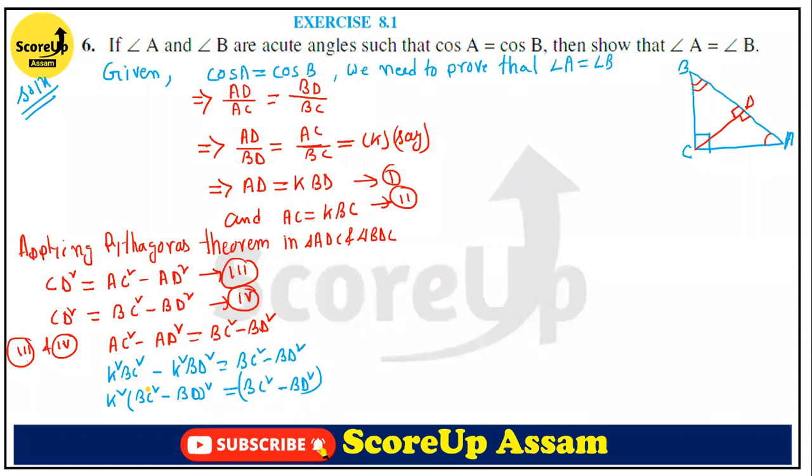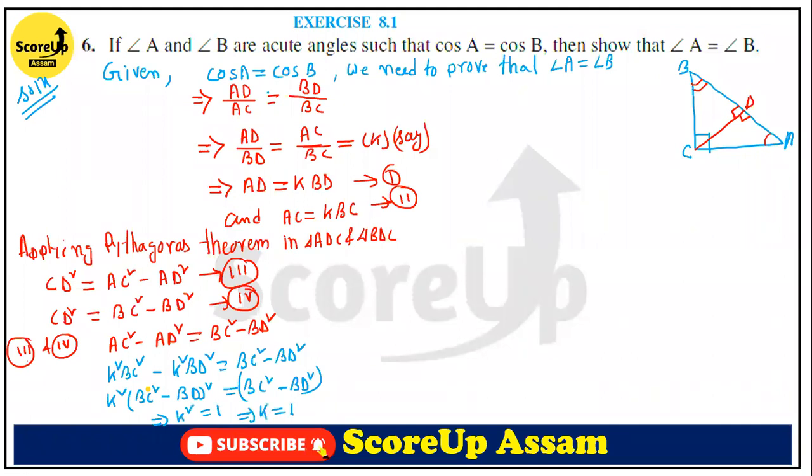Yes, sir. Okay. So now can we say that K square is equal to 1? This implies K is equal to 1.